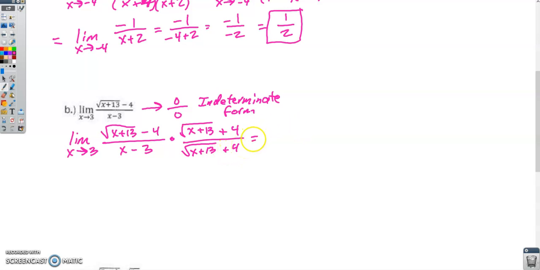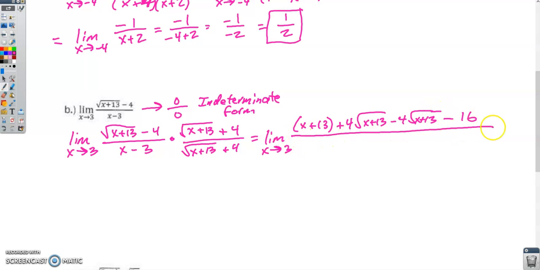And when I do that, that gives me in the numerator x plus 13 plus 4 square root of x plus 13 minus 4 square root of x plus 13 minus 16 when I FOIL that out.